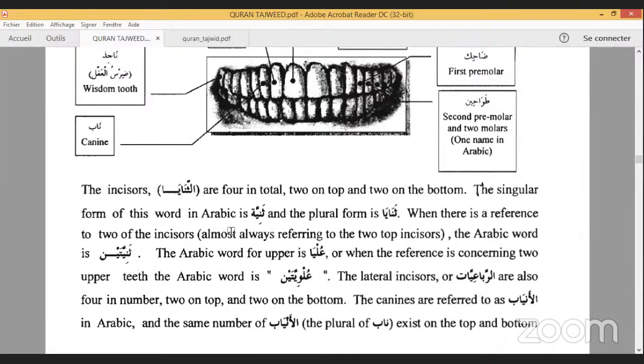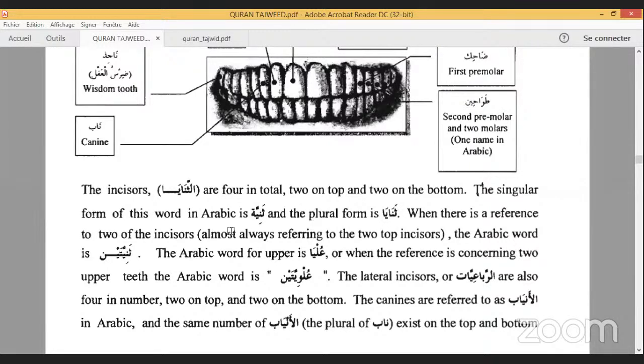The singular form of this word in Arabic is ثنية, and the plural form is ثنايا. Okay, when there is a reference to 2 of the incisors, it is almost always referring to the 2 top incisors.